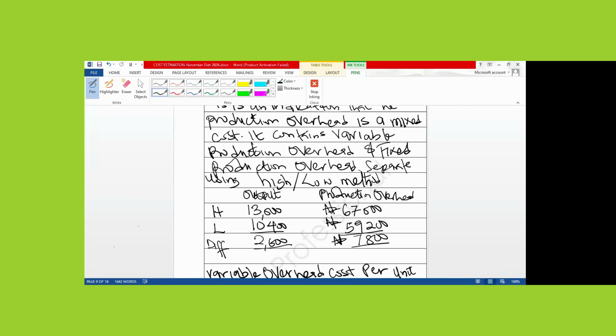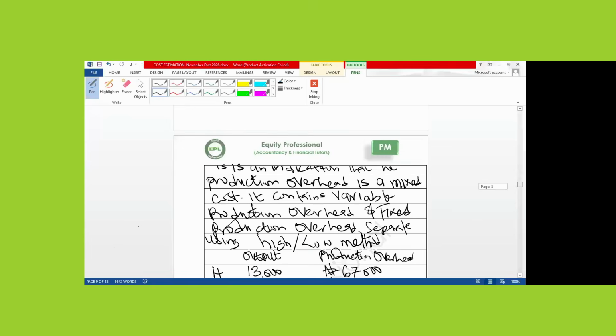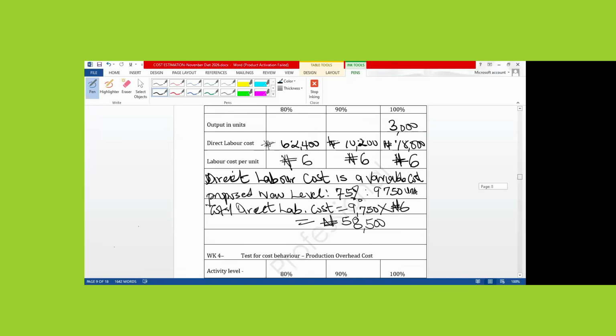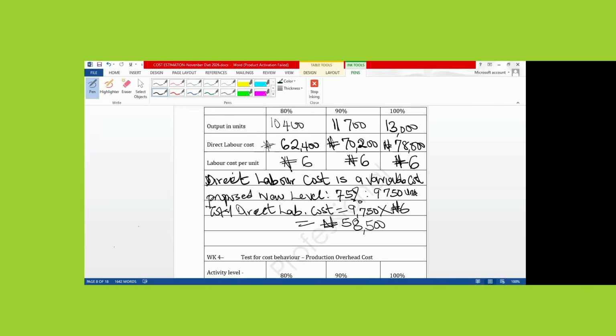All the costing methods, engineering analysis method, account inspection method, scatter diagrams, high and low method, regression analysis method, they are for estimating cost, not revenue. Selling price is for your revenue.